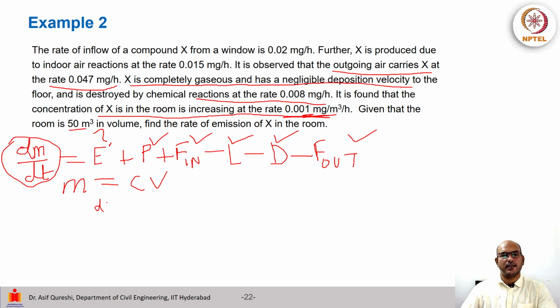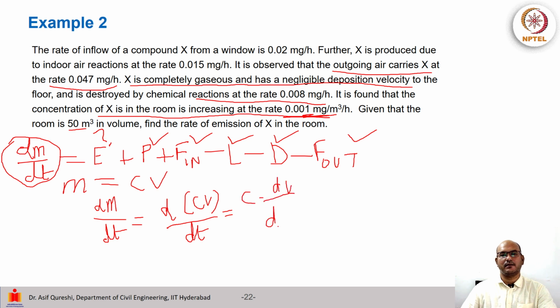So now dm by dt is d of CV by dt, which is equal to C dV by dt plus V dC by dt.